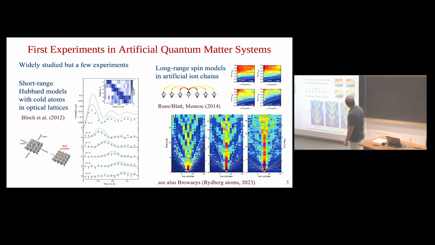What is important to mention is that, to be honest, their systems were very, very small. Essentially, there are 15, 20 sites in the problem. So it's very difficult to infer what the propagation of a long-range model is.